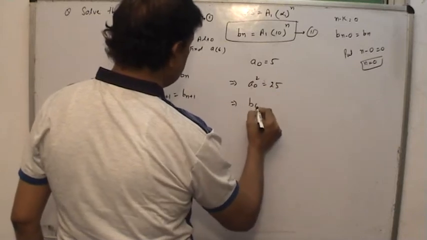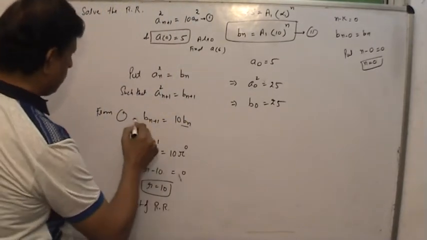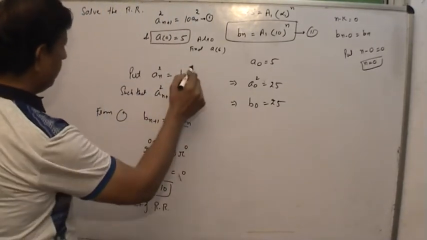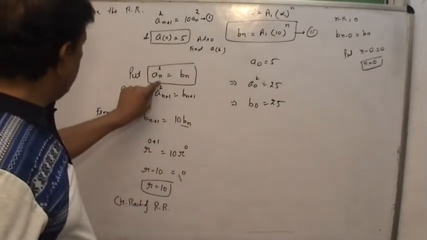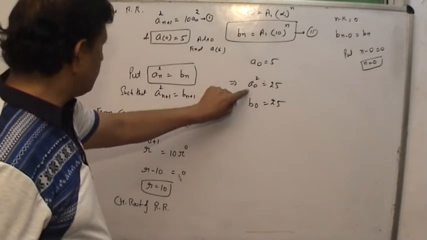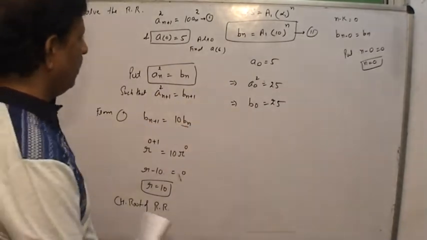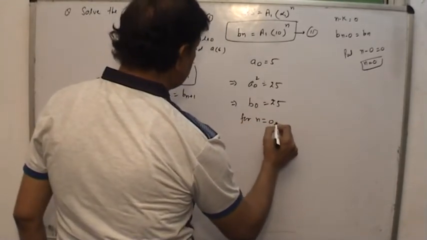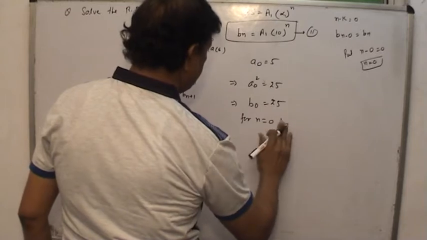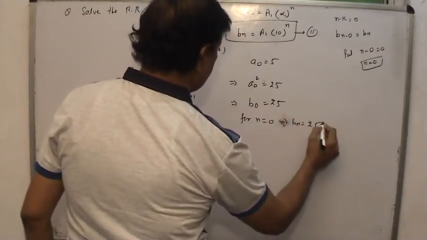This implies b0 is equal to 25, because according to the relation a square n is equal to bn. If n is equal to 0, then a square 0 is equal to b0. So for n equal to 0, bn is equal to 25.